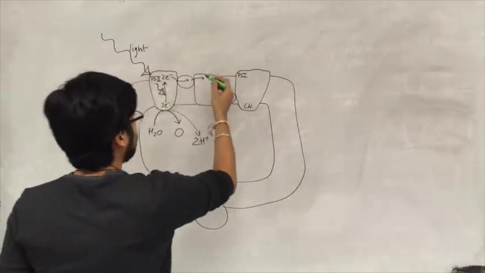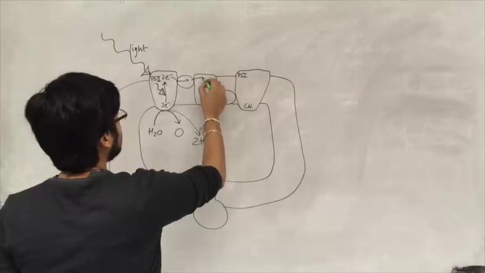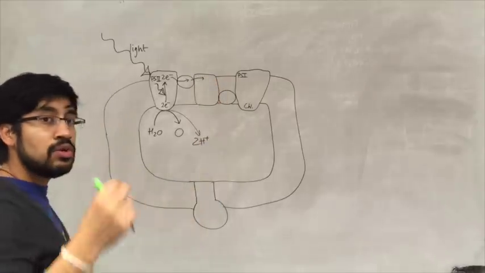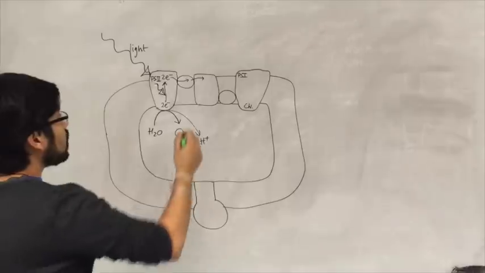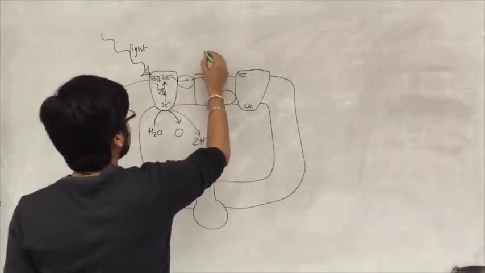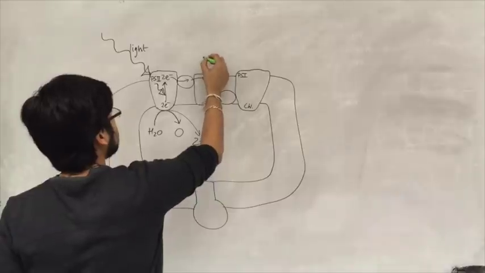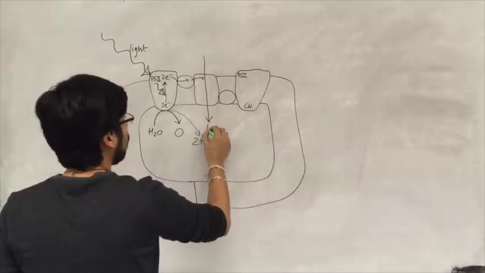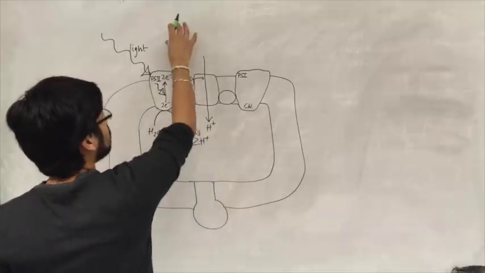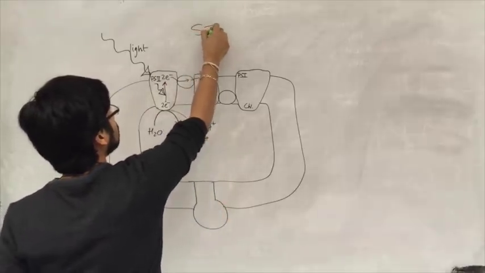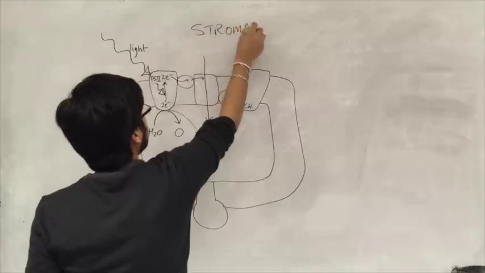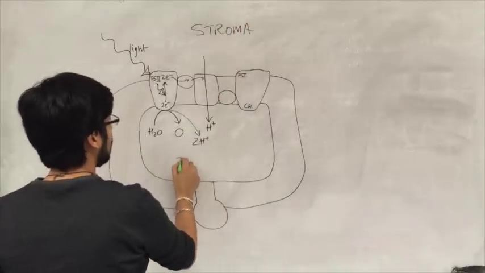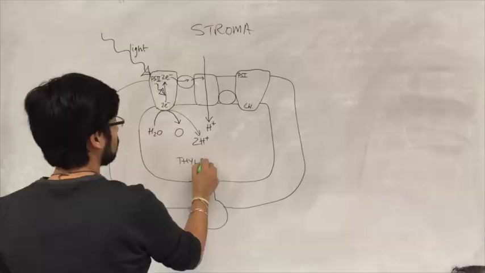But at this point, the energy in the electron is actually used to do something. And what that thing is, is the active transport of protons from the stroma into the thylakoid space.